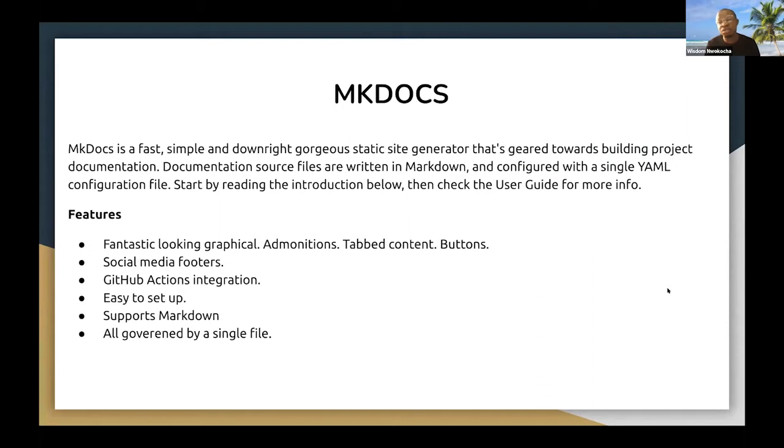Most of the documentation source files are written in Markdown and configured with a single YAML configuration file. One of the features is a fantastic looking graphical interface, tab content and buttons. You also have social media footers, GitHub Action integration, and it's easy to set up, supports Markdown, all governed by a single file.